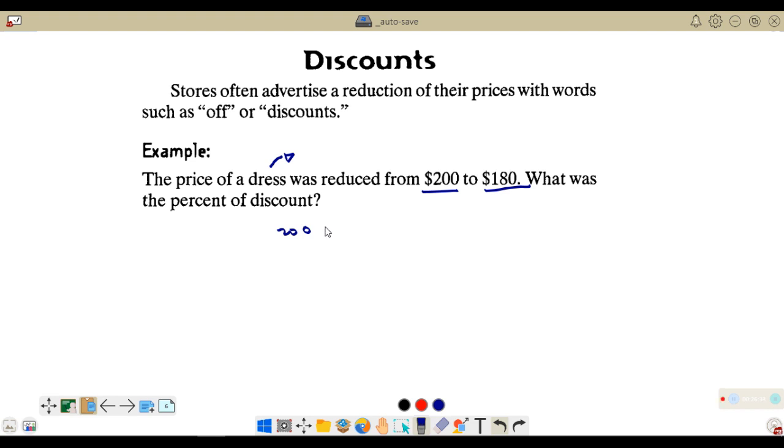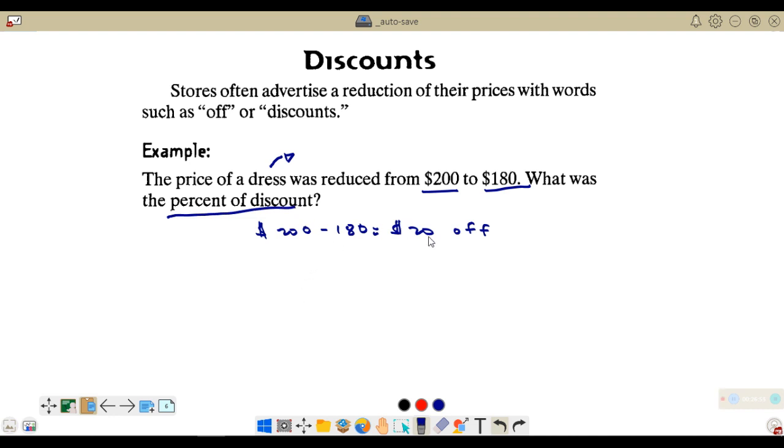So, we have 200 minus 180. You have 20 dollars off. This is the original price, this is the discounted price, and you have 20 dollars off. But what we are looking for is the percent of discount.